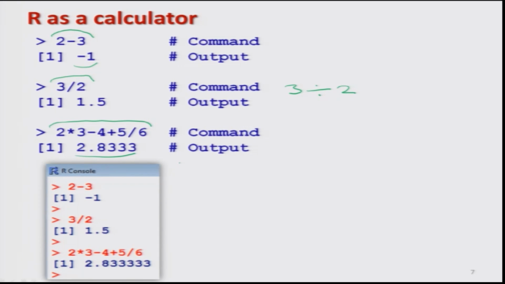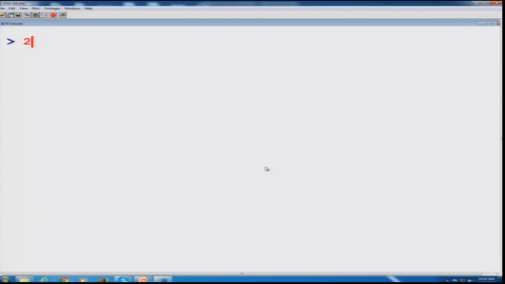Before I go forward, let me try to do all these things before you so that you can understand it. Now, if I want to add 2 and 3, I simply type 2 plus 3, and this gives me 5. Similarly, if I want to subtract 3 from 2, this is 2 minus 3, and I get the value minus 1. If I want to multiply 2 and 3, this is 2 into 3, this is 6.